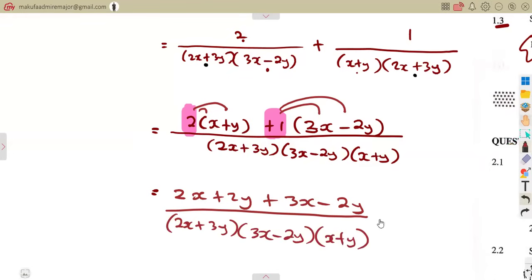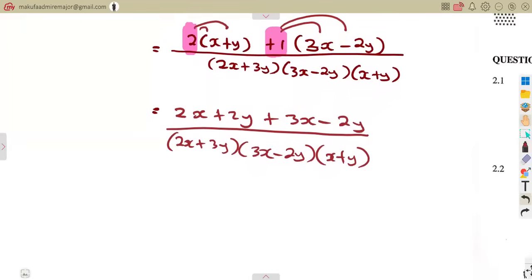Okay, let's consider from there, what else can we do? Well, collecting of like terms, simplification. So we've got the 2x and the 3x. That was going to be 5x. We also have the 2y minus 2y. So that's a 0 there. So this actually cancels.